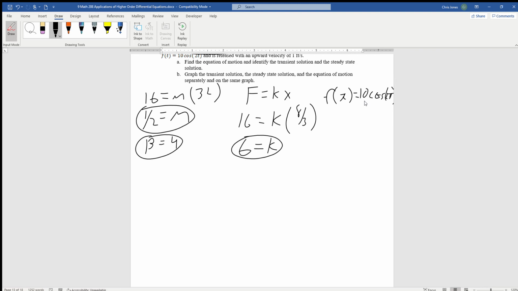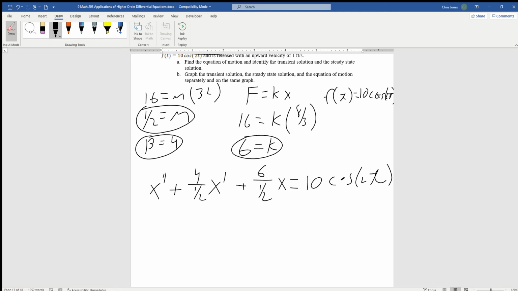We're going to have x double prime plus beta over m, which is 4 over 1/2, times x prime, which governs the velocity, plus the spring constant 6 divided by 1/2 times x, which is going to be equal to 10 cos of 2t.